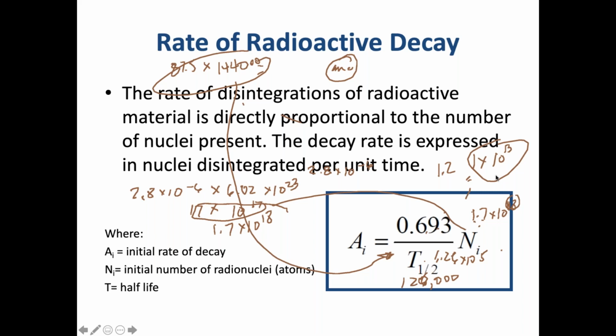Make sure that you don't get confused by milligrams and grams when calculating how many moles, or by seconds, when they ask you for the decay rate in seconds or minutes, or supply you the half-life in minutes and so on. There'll be a similar problem on the homework assignment, and for that one I'll make a video and work through it very carefully. So I just want to get this first one out of the way quickly.